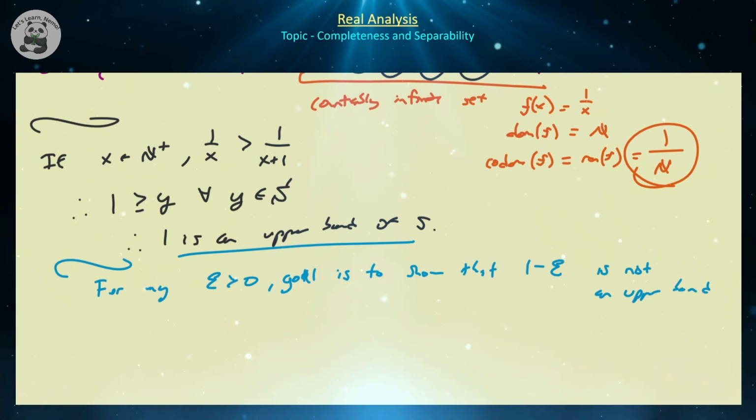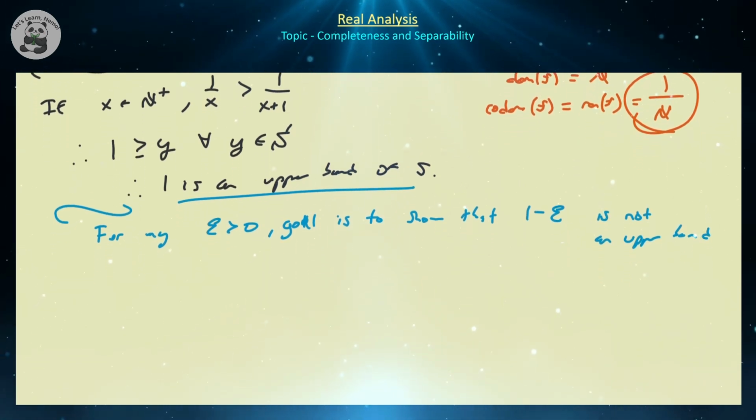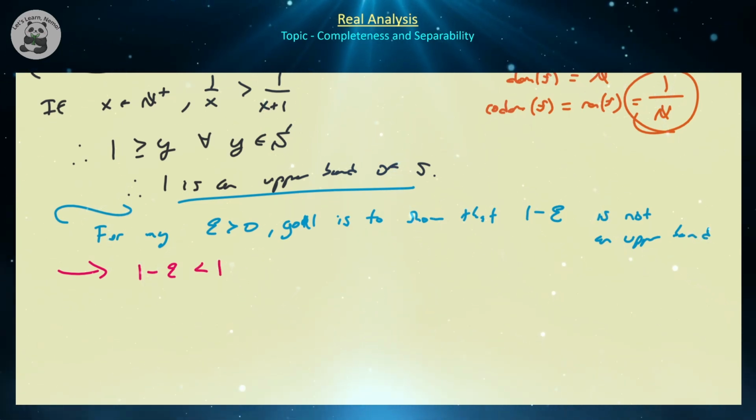So if this is the case, then what do we have? We know that 1 minus epsilon is going to be less than 1, right? Because epsilon is a positive number, so 1 minus epsilon is like 0.9999999 or something like that, right?